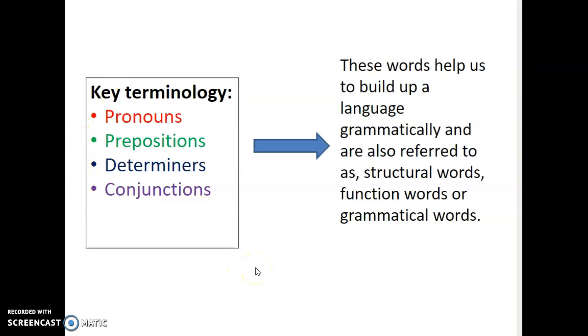So they help us to build up our language, to build up our sentence and the relationship between words and what is happening in that sentence. We call them structural words or function words because they really help build the meaning and structure of a sentence. So bearing that in mind, they are the four that we are going to be focusing on.